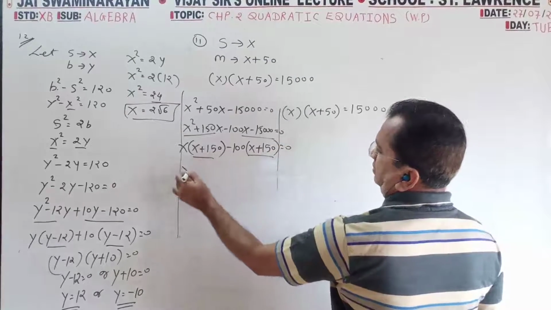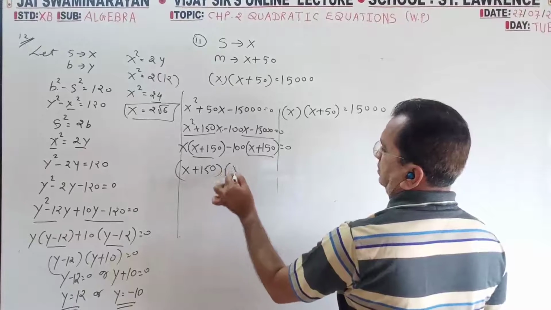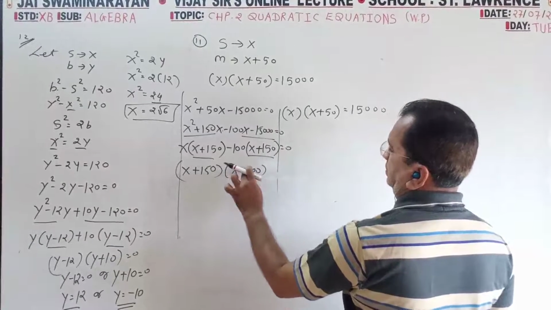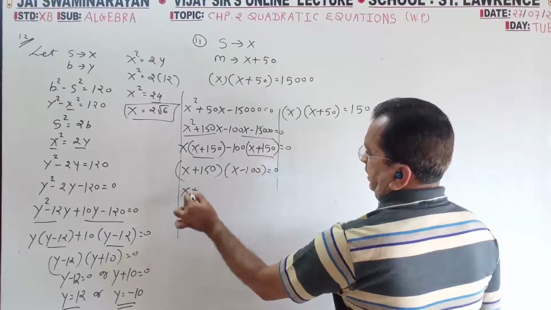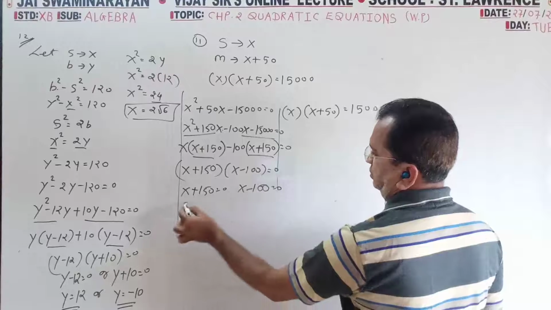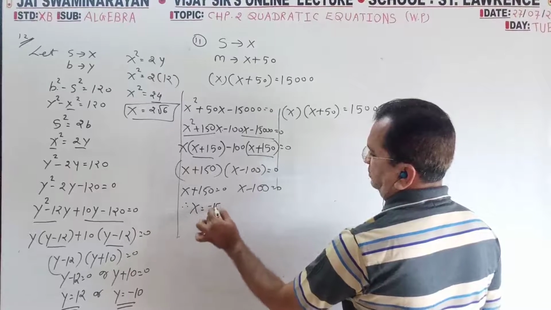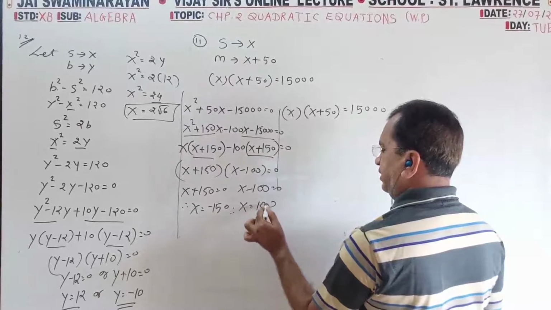Common of common. x plus 150 is equal to 0, x minus 100 is equal to 0. Therefore, x is equal to minus 150, x is equal to 100.